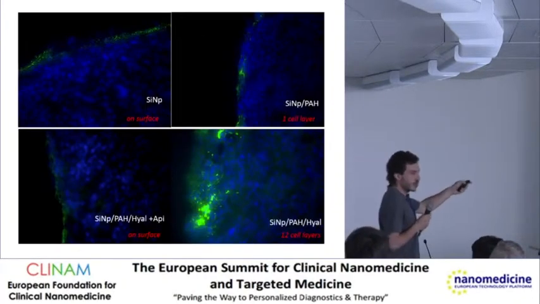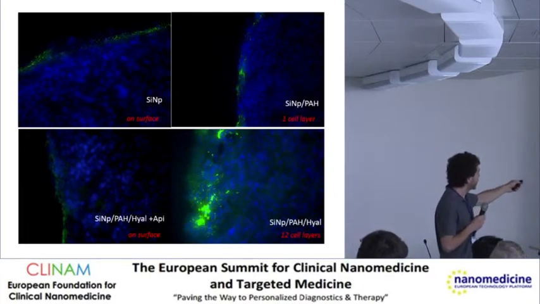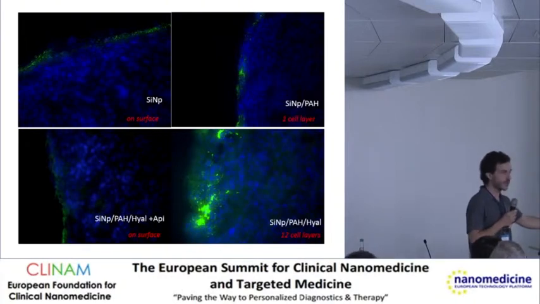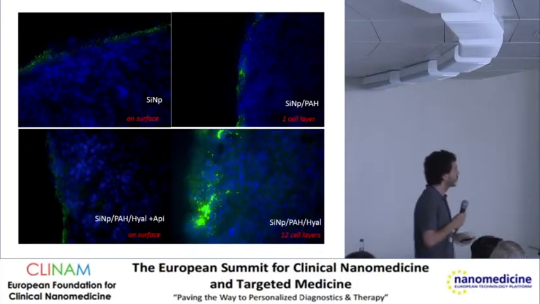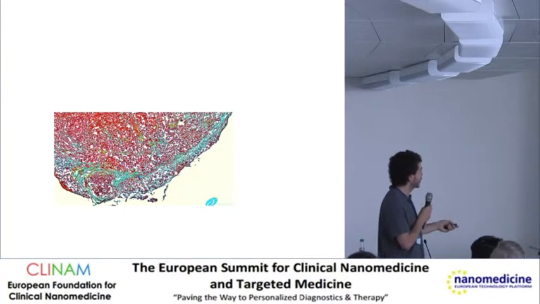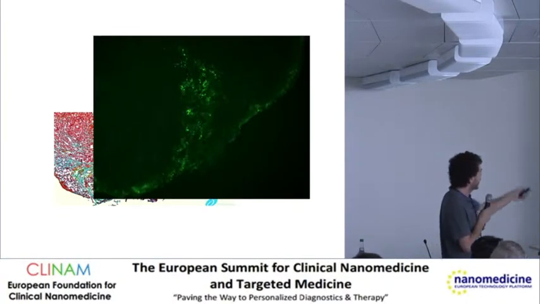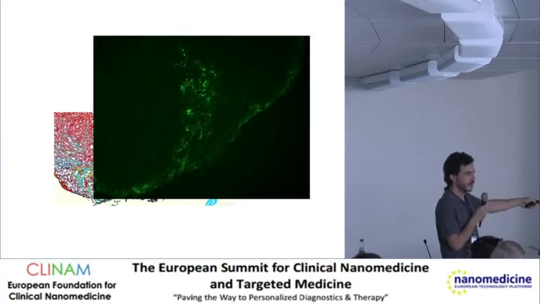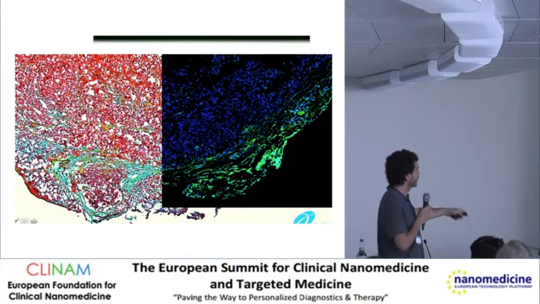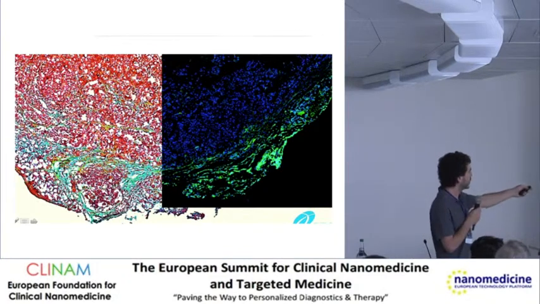And the histology of that is seen here, and you can see that these particles penetrate, in this case, up to 12 cell layers. And this is the histology, again with HA, and you can see that it correlates very well with the fluorescence from the particles, indicating that it's binding HA. This is the blow-up.